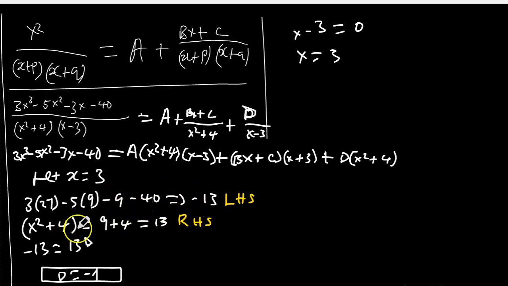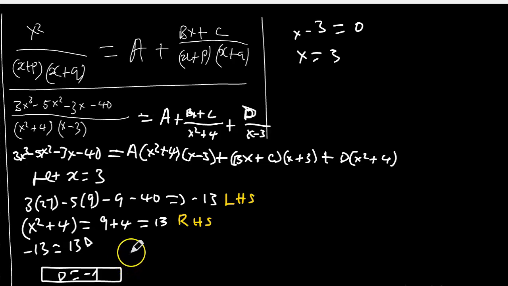When I check the right hand side, we will simply have x squared plus 4, in terms of d. If I replace that, it is 9 plus 4, which gives us positive 13. So negative 13 is equal to 13d. Solving for d, dividing both sides by 13, we have negative 1 as the value for d.